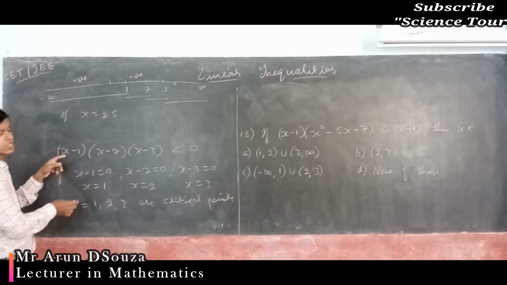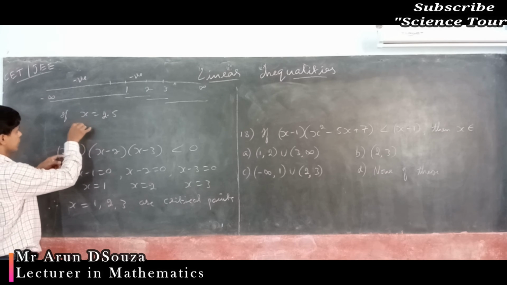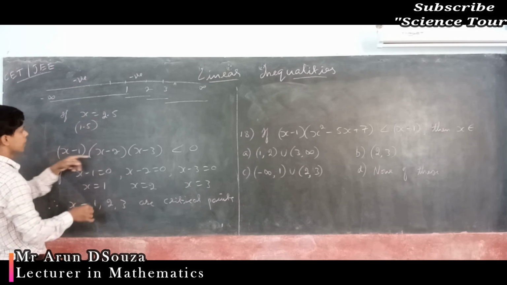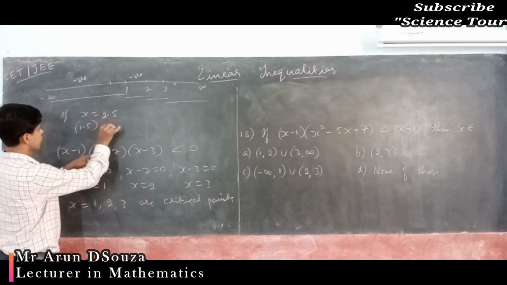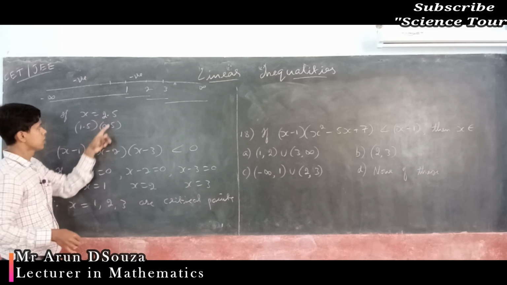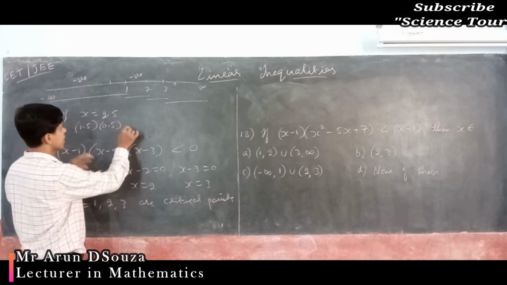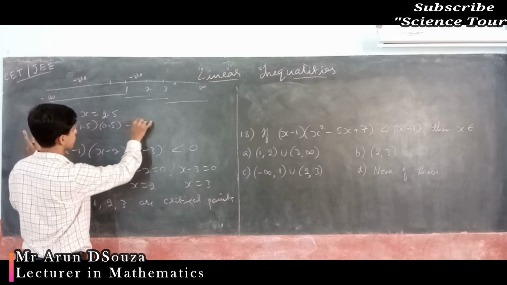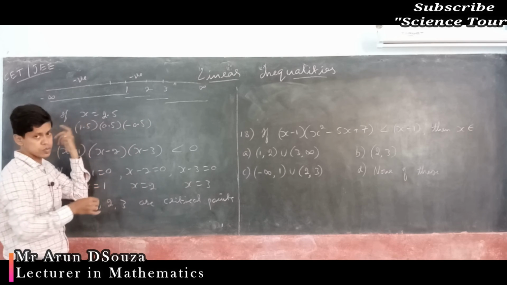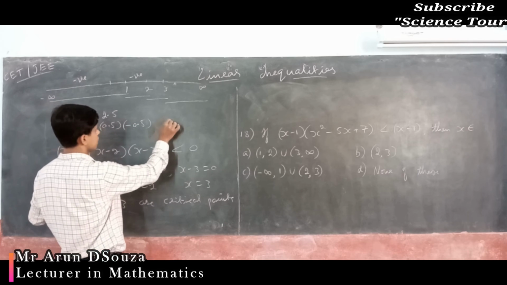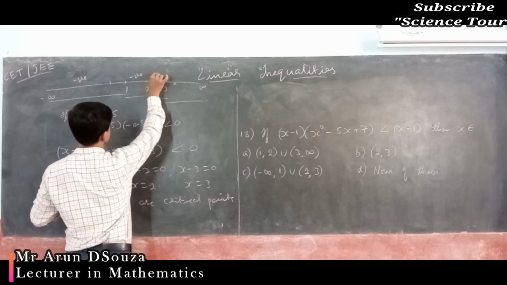If you put 2.5, this is positive, correct? You will get 1.5, and you will get 0.5, both positives. And this will be negative, correct? So positive into positive is positive, into negative is negative. There also it is negative.